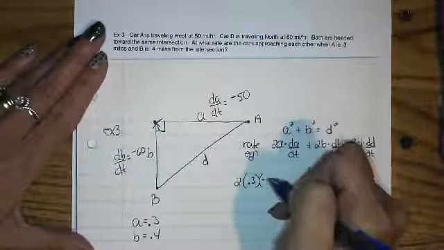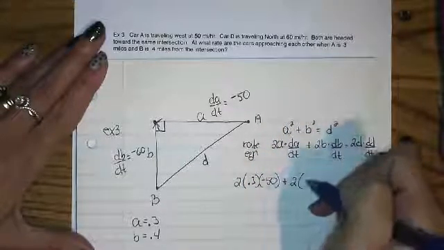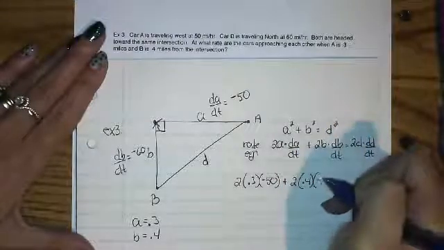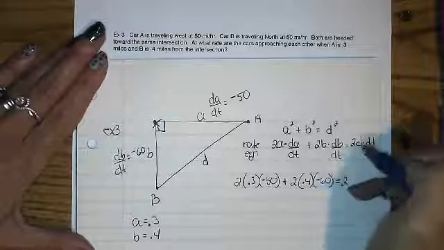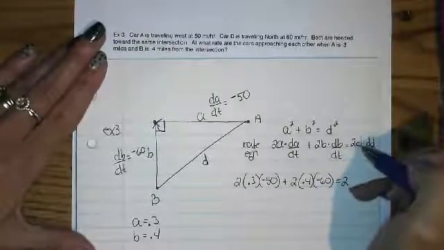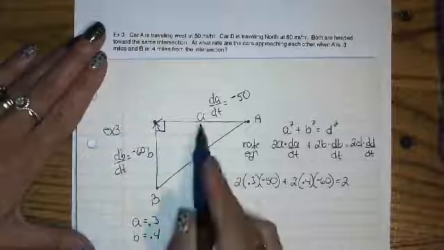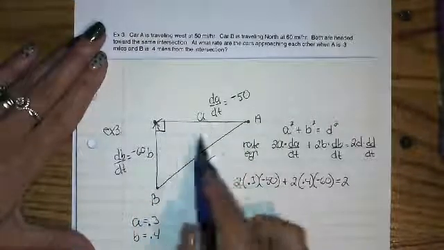So substituting, 2 times the 0.3 times the negative 50 plus 2 times the 0.4 times the negative 60 equals 2, oh, the d. I didn't find that yet. Kind of ran into a brick wall, and that'll happen.